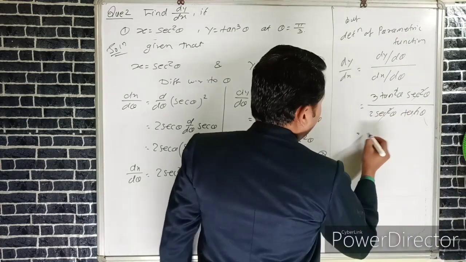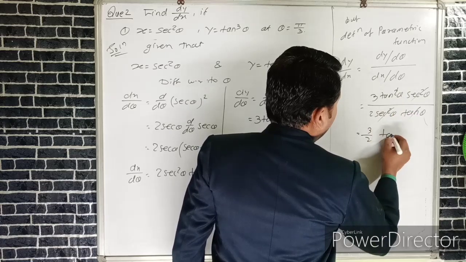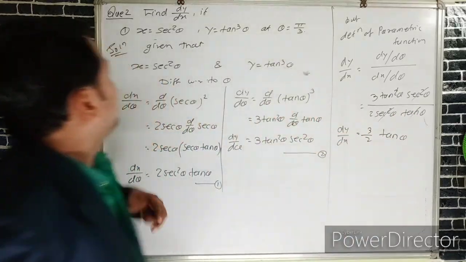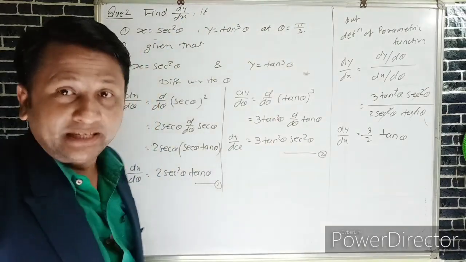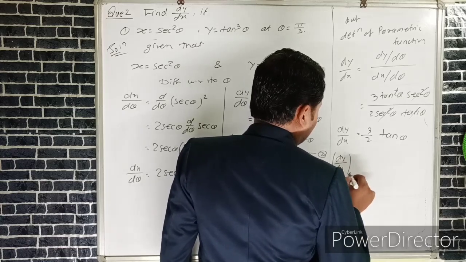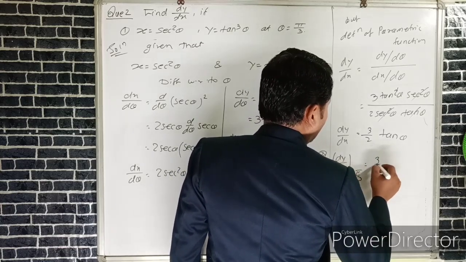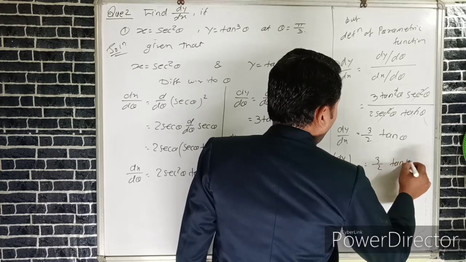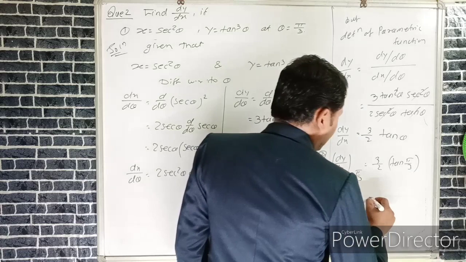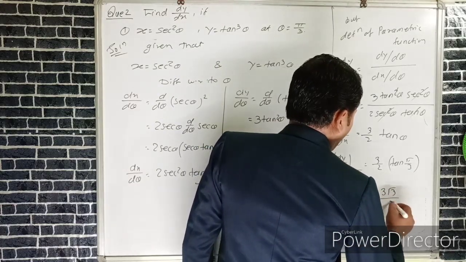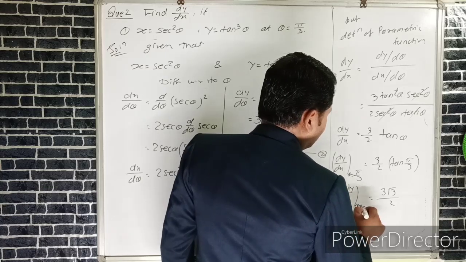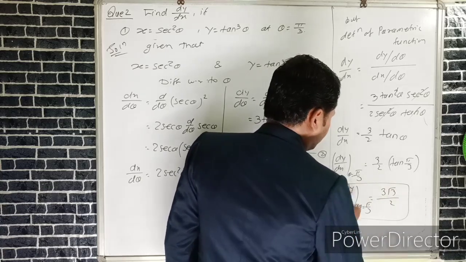We can write it as 3 by 2 into tan theta. But we have to find the value of dy by dx at theta is equal to pi by 3. Hence we can write dy upon dx at theta is equal to pi by 3 is equal to 3 by 2 into tan of pi by 3. The value of tan of pi by 3 is root 3. Hence we can write 3 root 3 upon 2, which is the required value of dy by dx at theta is equal to pi by 3.